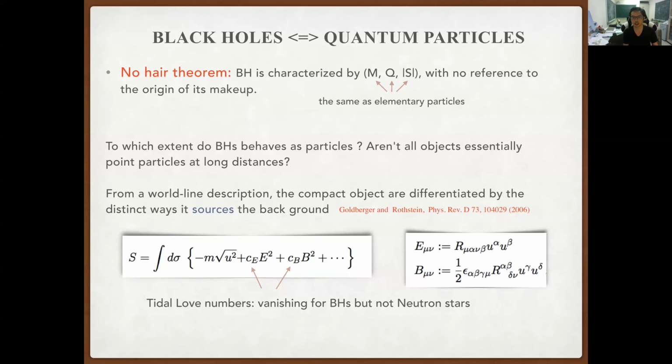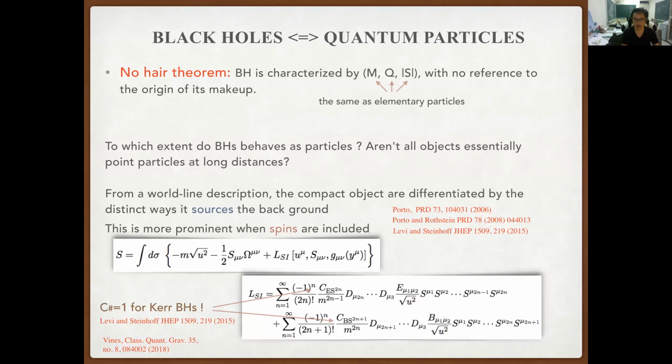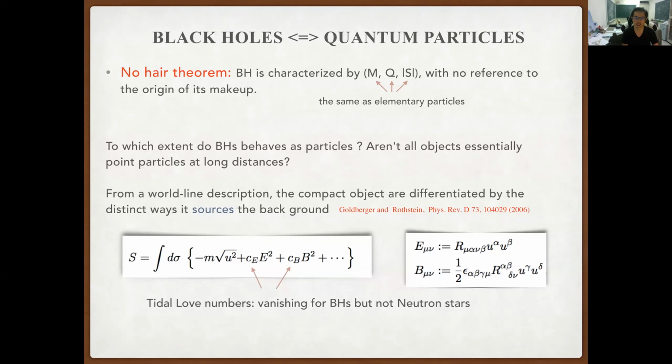But of course, the devil is in the detail. Because if you want to talk about a point particle, you would go to, for example, a world line description. And once you do that, you'll realize that you can have these higher dimension operators. For a spinless particle, there are these Wilson coefficients, these higher dimension operators, which I've listed for the spinless case.